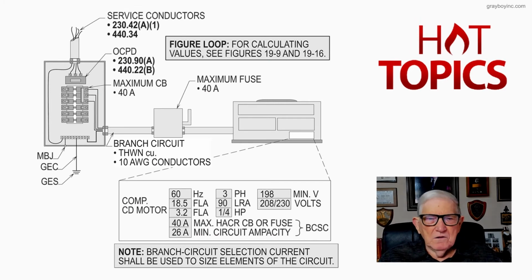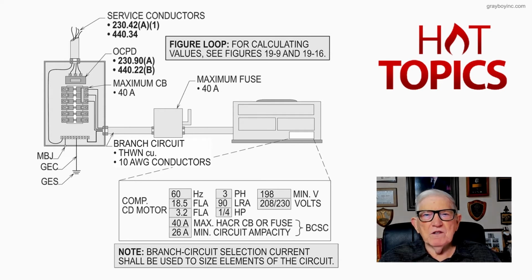Now let's take a look at this figure 19-1A. It deals with an individual circuit to an air conditioner, an AC unit. Now notice in the figure, for calculating values, see your figures 19-9 and 19-16.